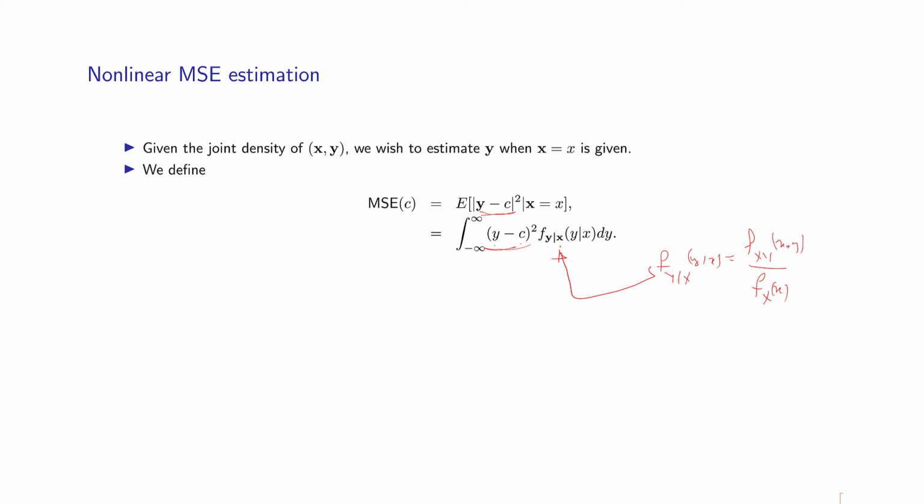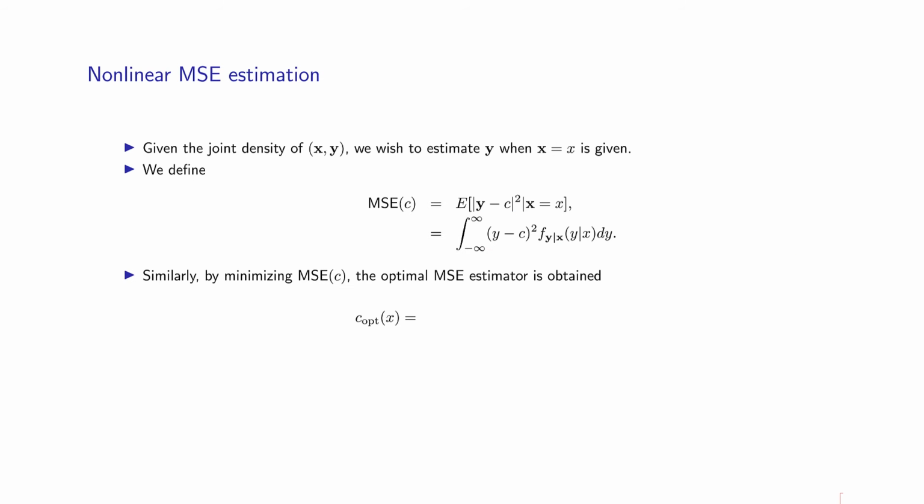Do the integral and then calculate the derivative with respect to c. So this is going to be an expression only in terms of c, and y here is a dummy variable, so y disappears. So this is a function of c and x.